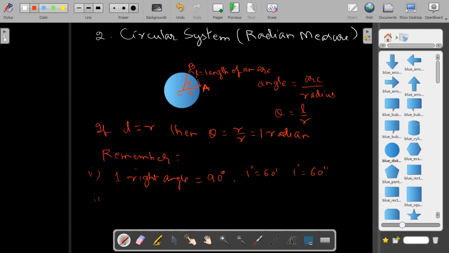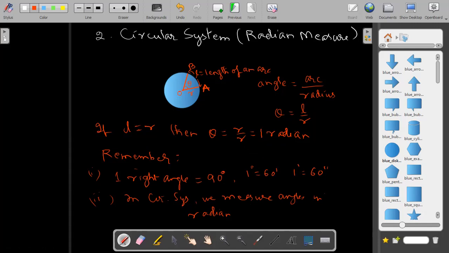And for the second system, in circular system, we measure angles in radians. But as I told you in detail, the main thing that we are going to use in our questions is the relation between degrees and radian.